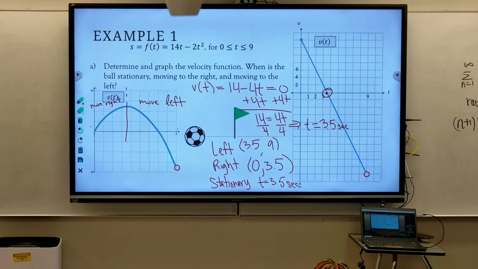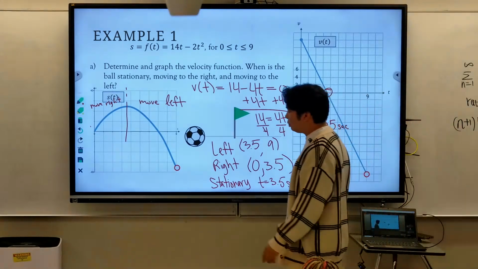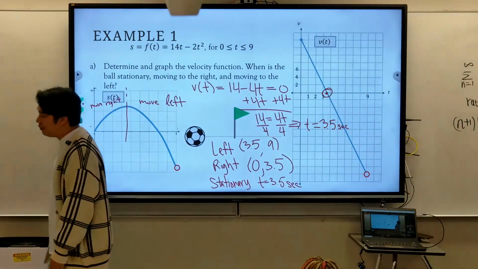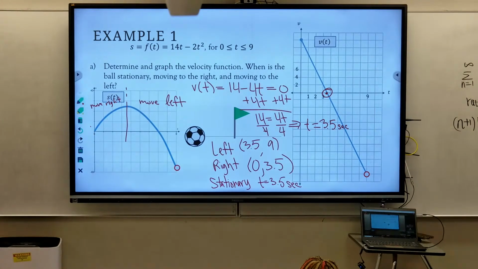The things I want to point out here, again, positive velocity means that I'm moving in the positive direction. Negative velocity means I'm moving in a negative direction. And if I ever want to turn around, that means there has to be a point where my velocity is 0.